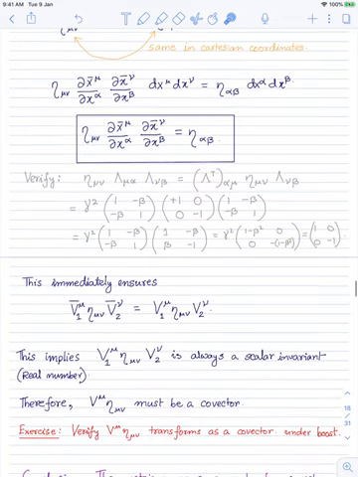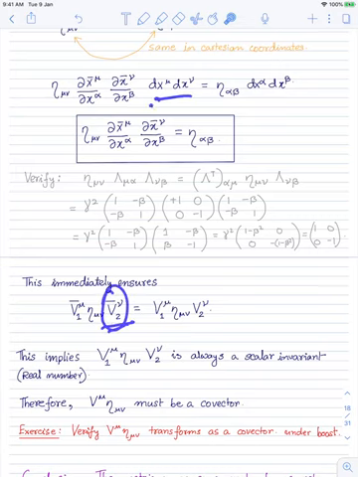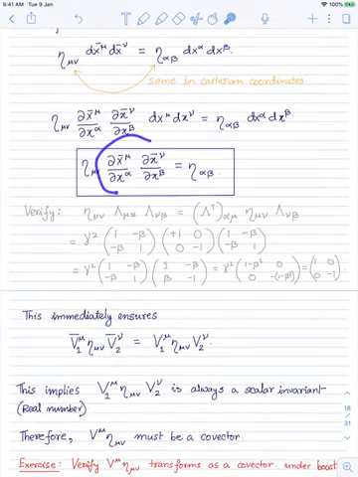Now, if I have this expression, then it immediately follows that if I take two vectors and put an eta and contract it in this way, then this is going to be invariant. Why? Because by definition, the vectors are objects that transform like the infinitesimals.